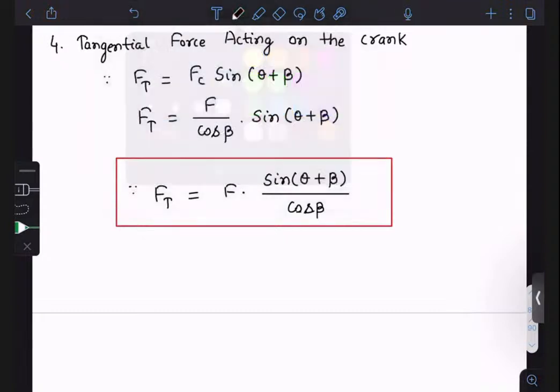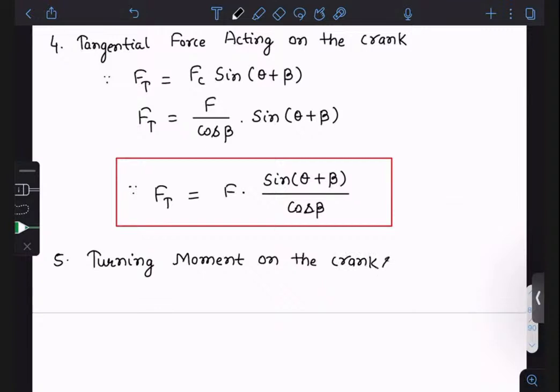Now the next part is the turning moment on the crankshaft.